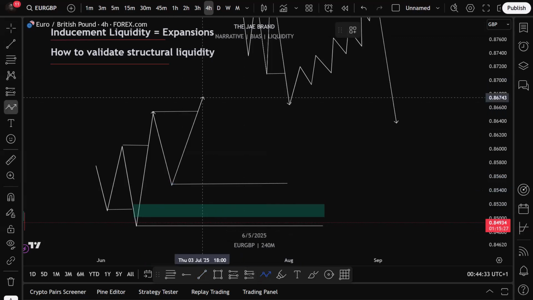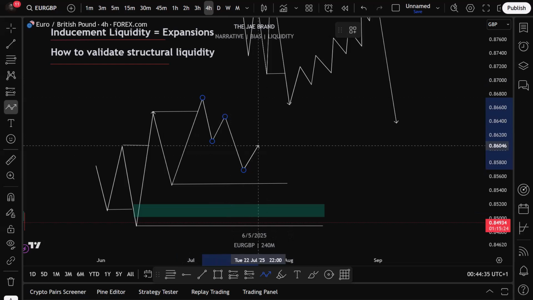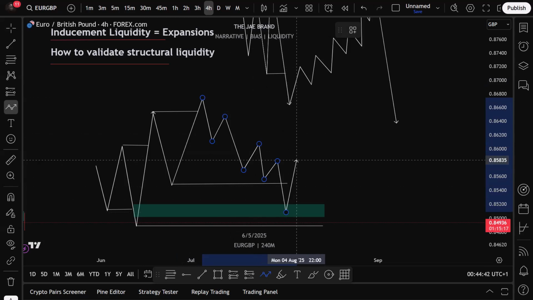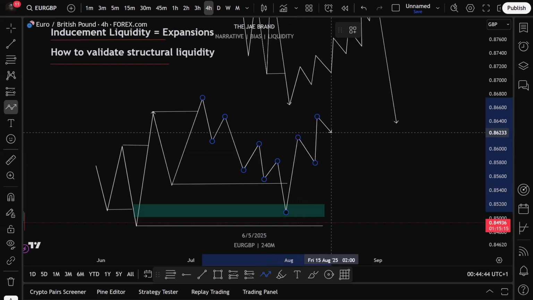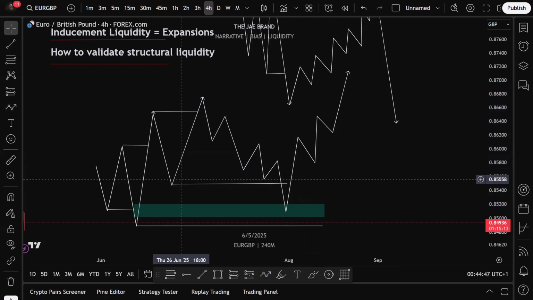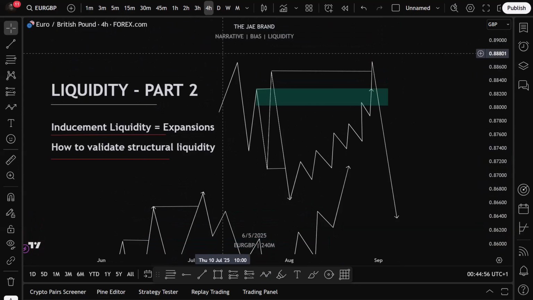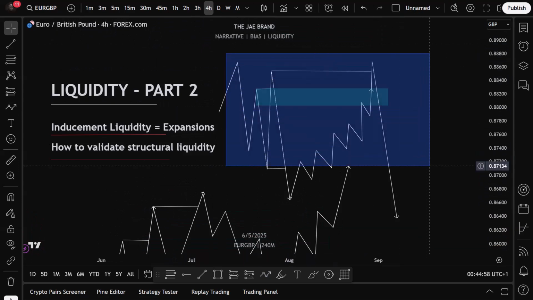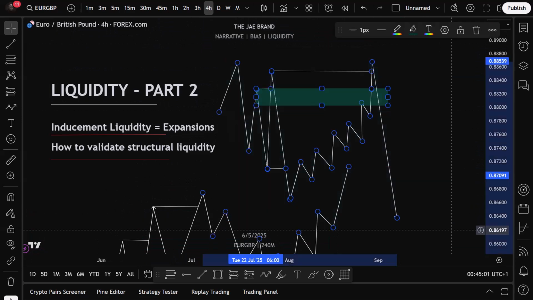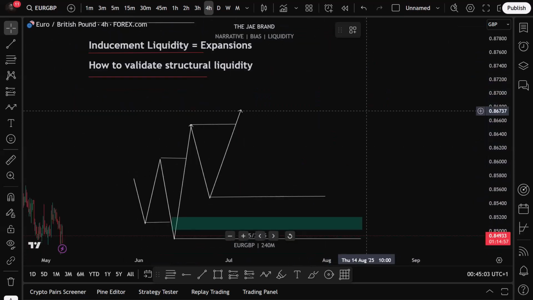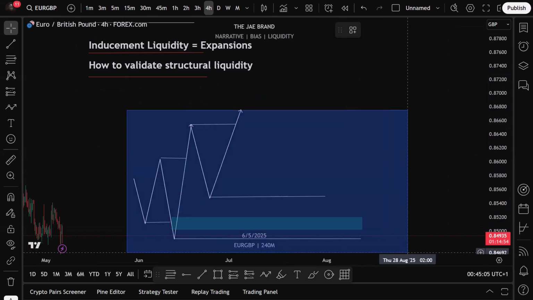Price will retrace, correct itself into this discount area, and you can confidently expect price to buy off from that zone because of the presence of a structural liquidity. I'm going to take a few examples on the chart, and we'll move on to how to validate your structural liquidity. It's a very simple concept.